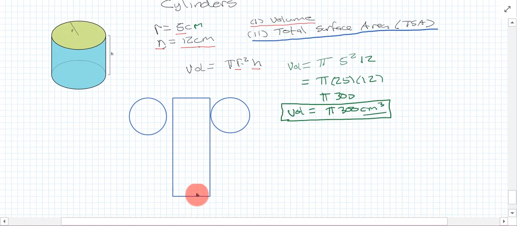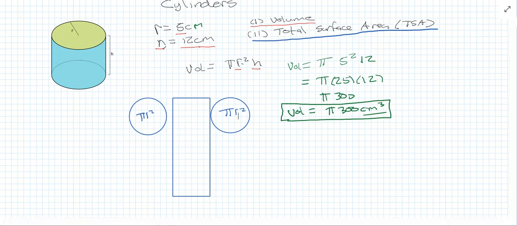We know the area of a circle is pi r squared. The length of the rectangle from here to here is h, and the length from here to here is 2 pi r.